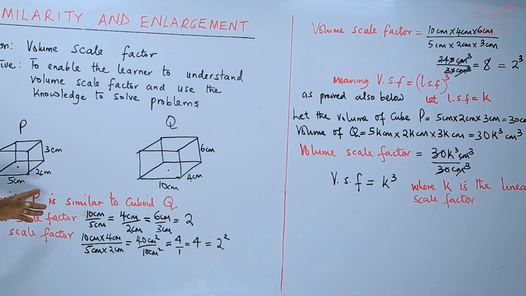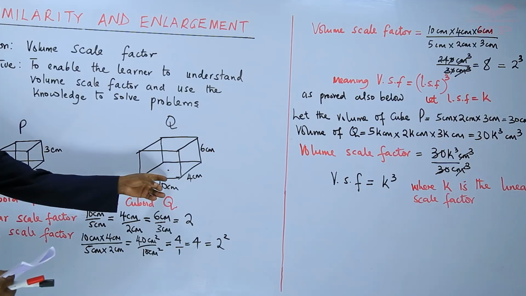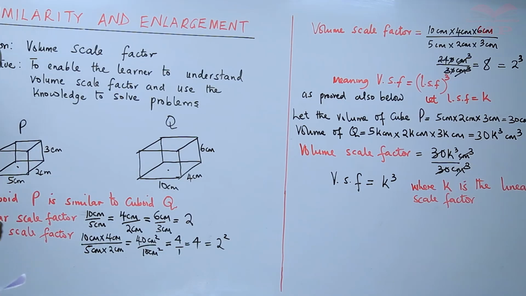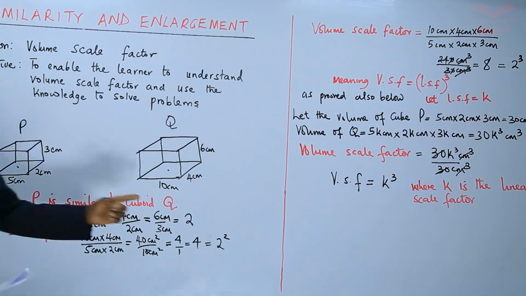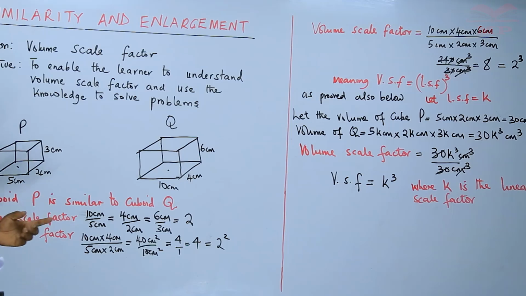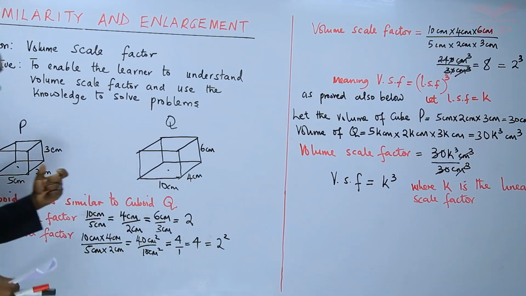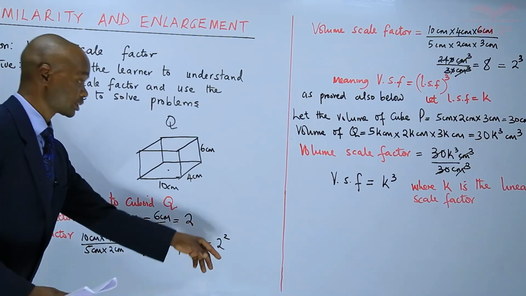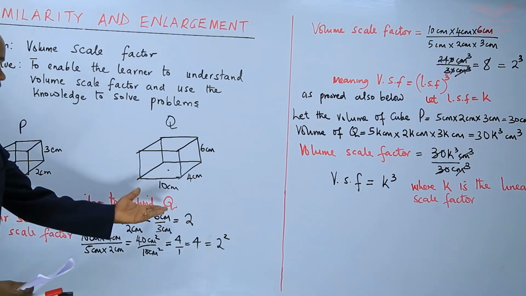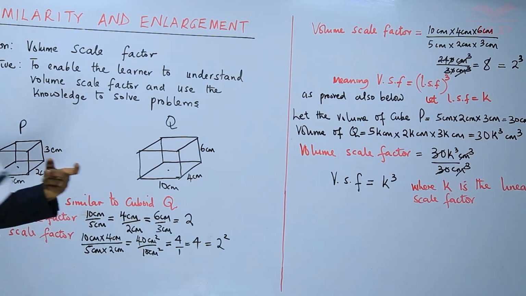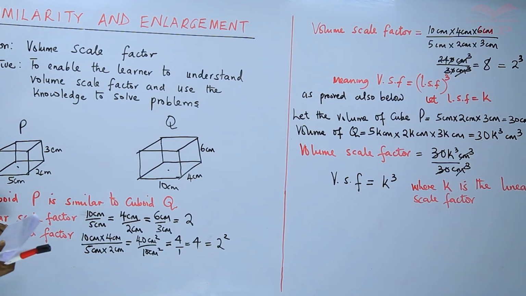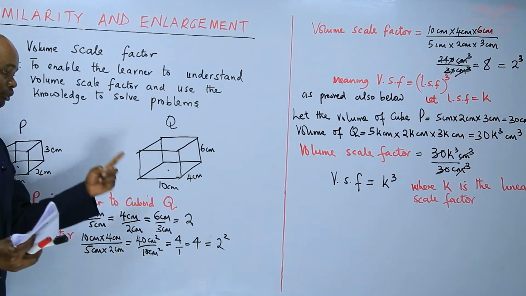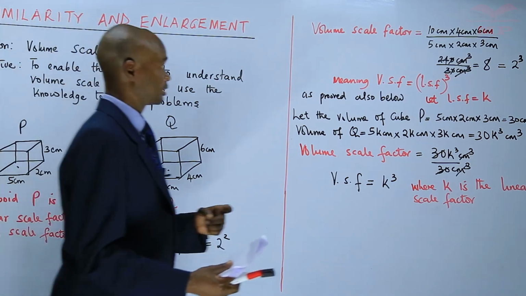The linear scale factor is gotten by getting the ratios of the corresponding sides. It is 2. For area scale factor, I take the corresponding planes, I divide, and I get 4, which is the same as 2 squared, meaning that area scale factor is equal to linear scale factor squared.